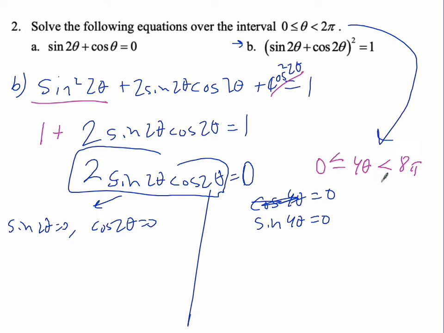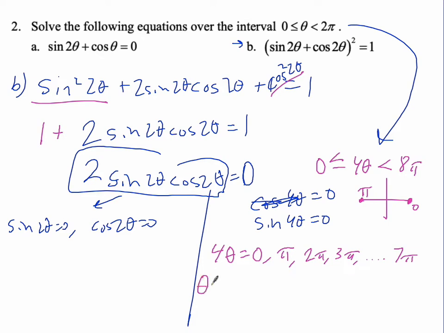So to solve this now, when does sine equal 0? Sine equals 0 at 0, then at pi, and then at 2 pi, so multiples of pi. So we say 4 theta equals 0, pi, 2 pi, 3 pi, all the way up to 7 pi, not including 8 pi.